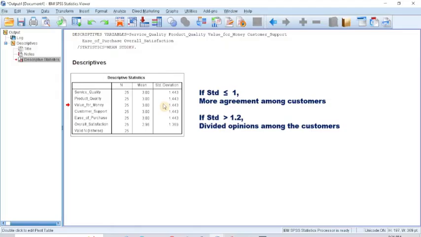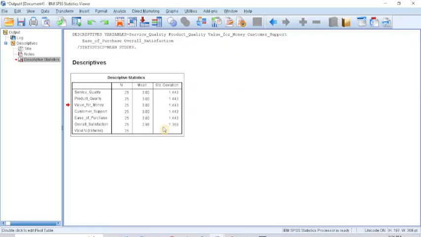That is, some customers are satisfied, others are very dissatisfied, and this insight could point to service inconsistency. However, the standard deviation for overall satisfaction is 1.369 and is slightly lower, implying slightly more agreement in how customers feel overall compared to specific areas.